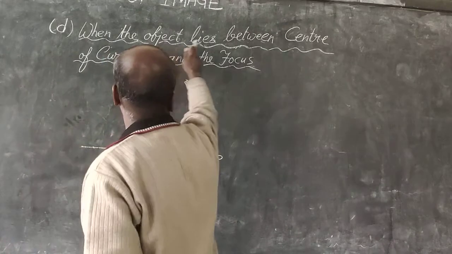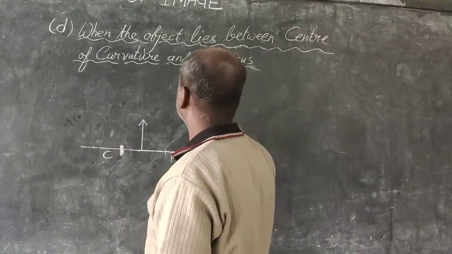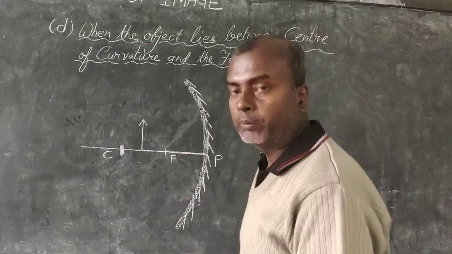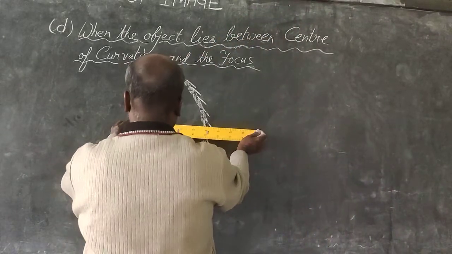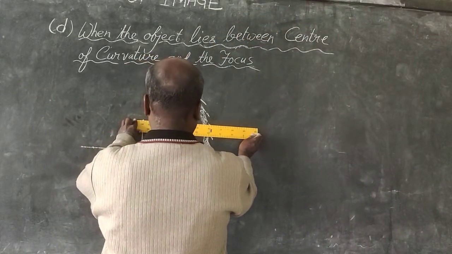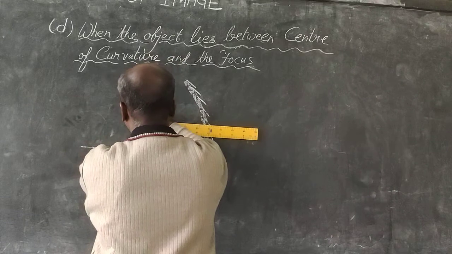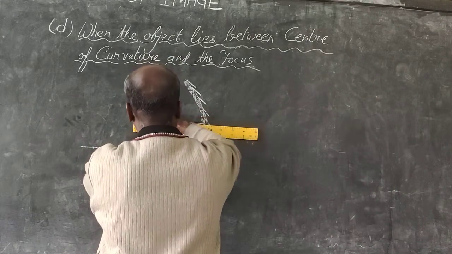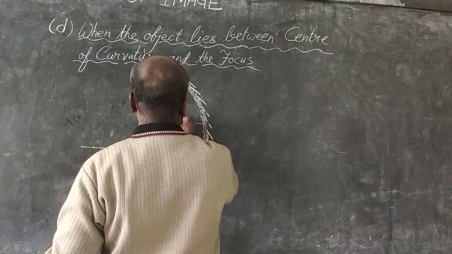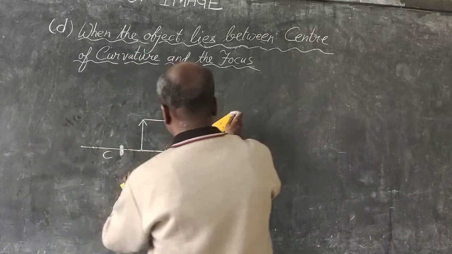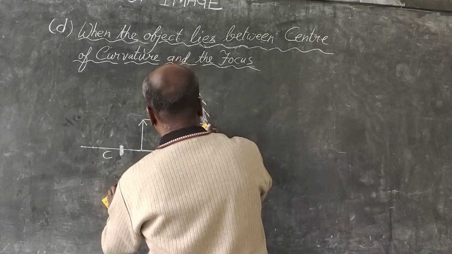So when the object lies between center of curvature and focus, again we are going to apply those same rules. One ray parallel to the principal axis. After reflecting, it goes and passes through the focus.